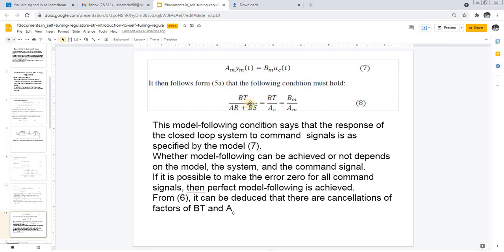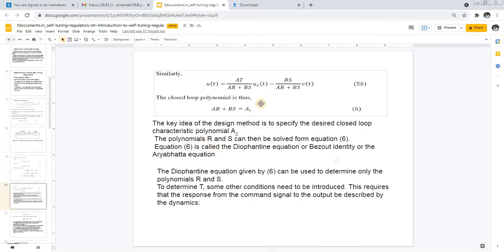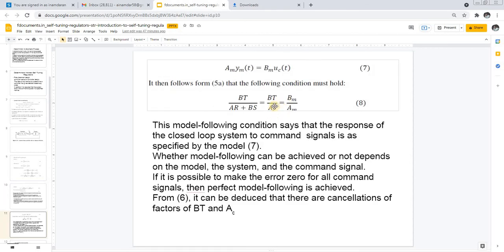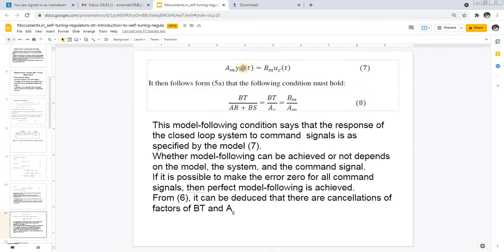This condition is a combination of the equation from uc of t with the Bezout identity, giving the information to find t. Now this equation number 8, or this condition, says that the response of the closed loop system to the command signal is specified by this model, equation number 7.